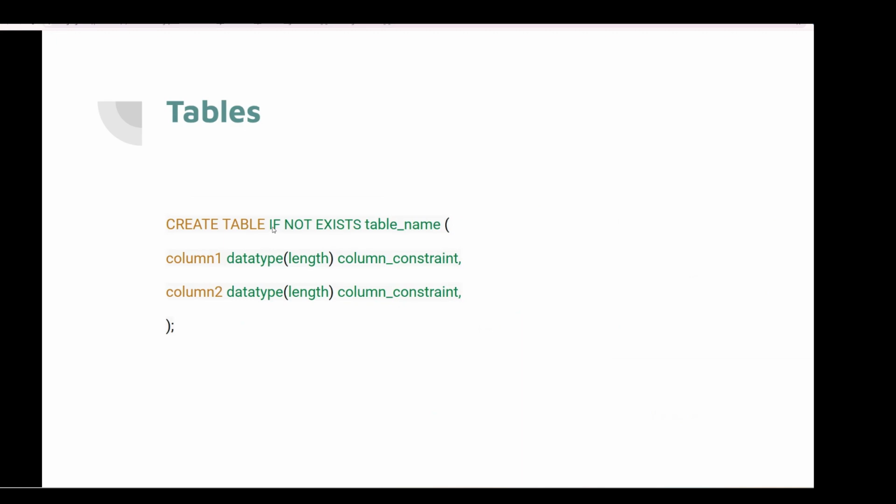When you use this option, it will create a new table only if it does not exist. If a table exists, then PostgreSQL will issue a notice, but it will not give you an error. But if you're not using the IF NOT EXISTS keyword, and you are trying to create a table with the same name as an existing one, then it will throw an error.